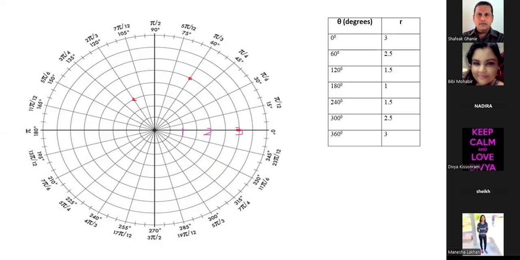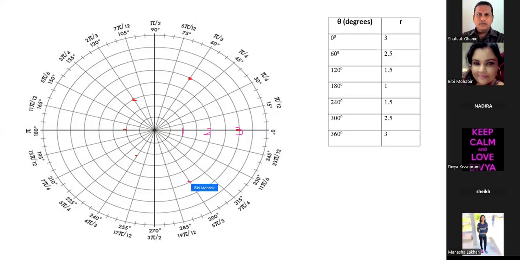For 180 degrees, we'll have 1. For 240 degrees, we'll have 1.5. For 300 degrees, we'll have 2.5.